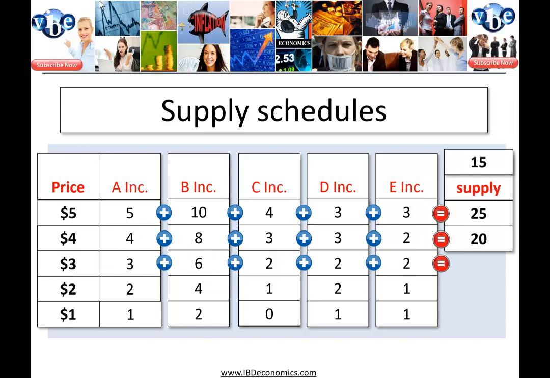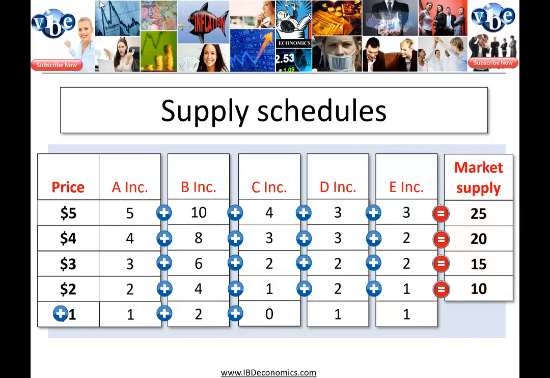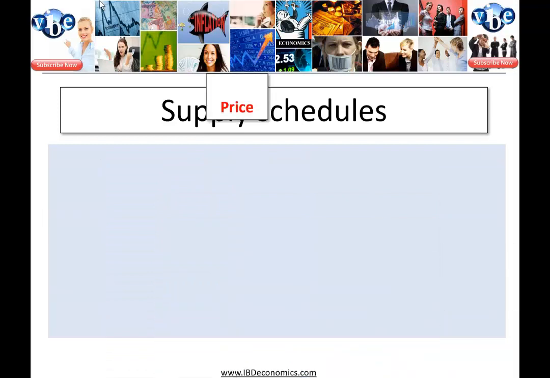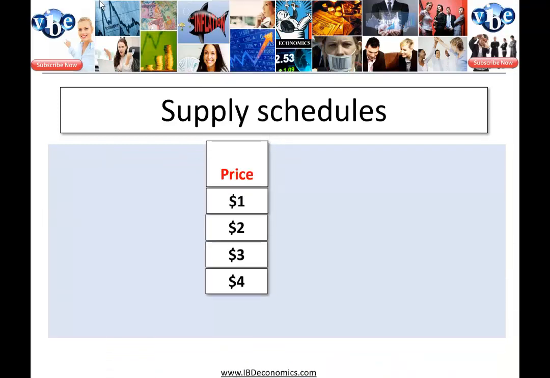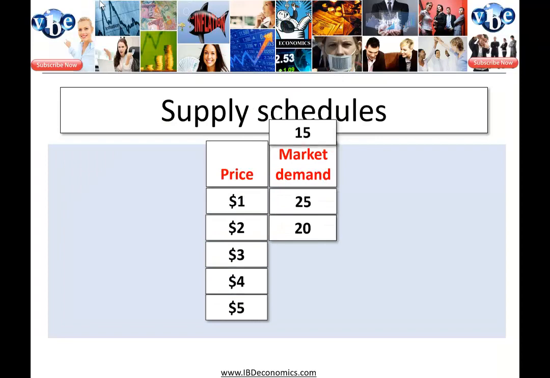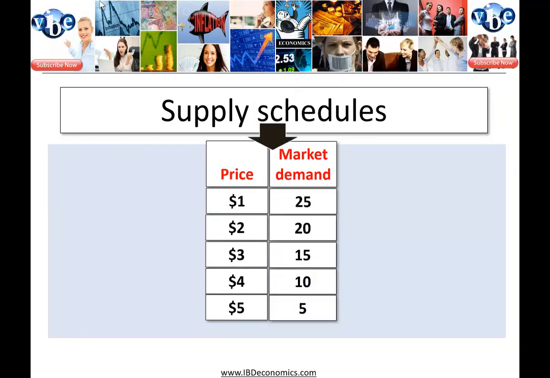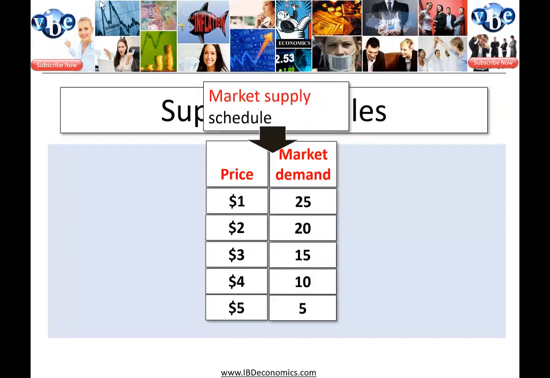So just setting across each different price, each firm, and there we have our market supply. Okay, and once we have that information, we have a market supply schedule.